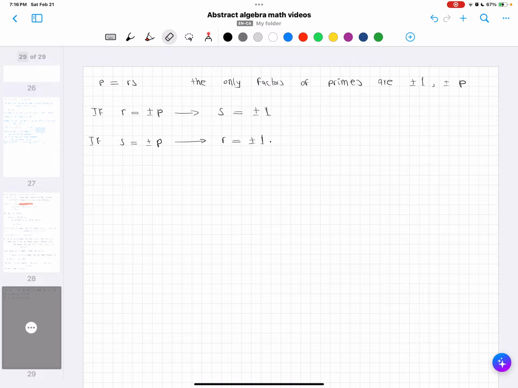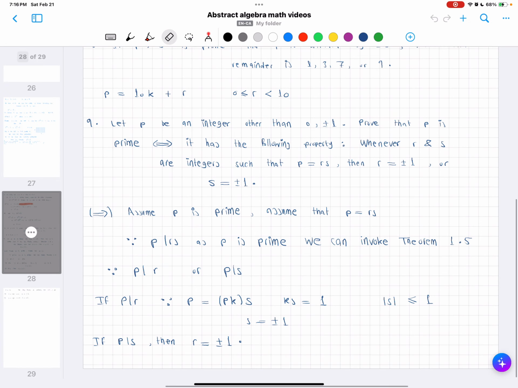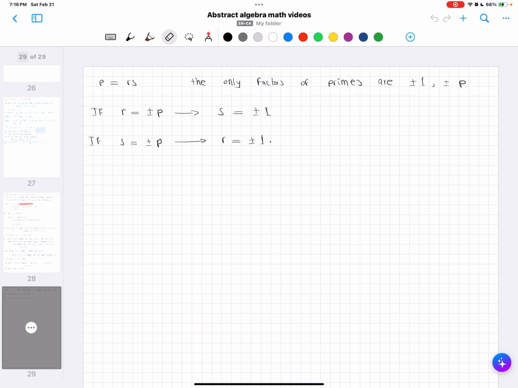So let's go in the opposite direction. In the opposite direction, assume P. So again you can invoke theorem 1.5 in the other direction, but I'll do it directly.